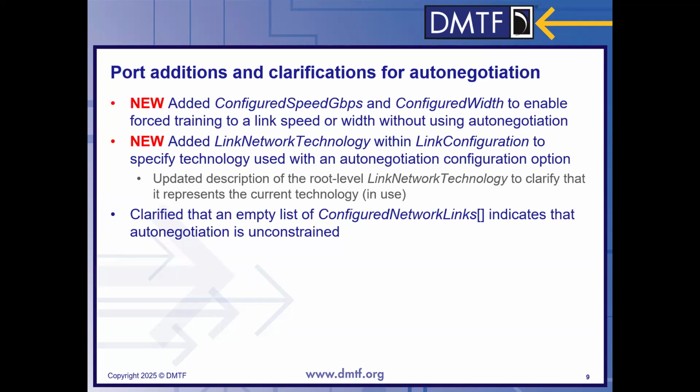So you could have an adapter that could be in Ethernet mode or Fibre Channel mode, and so specifying the different auto negotiation policies based on the technology was needed. And lastly, we also clarified that if you don't have this array configured at all, then auto negotiation is completely unconstrained on the device, and it's really up to the device's own rules for auto negotiation.